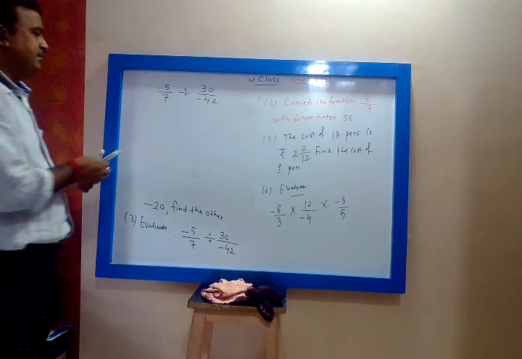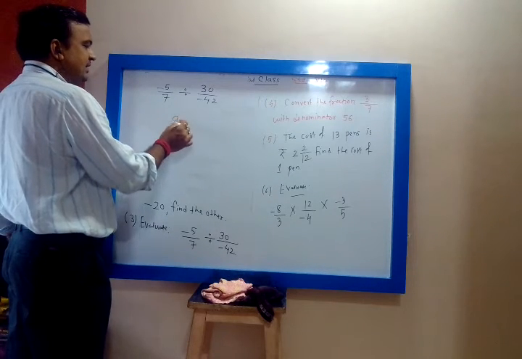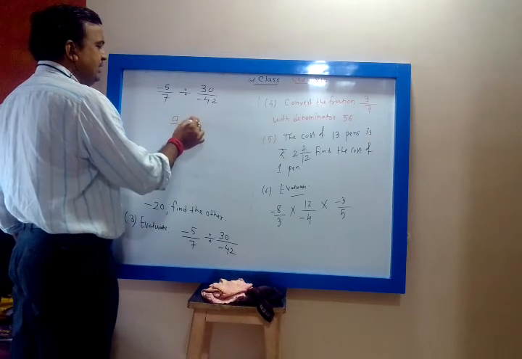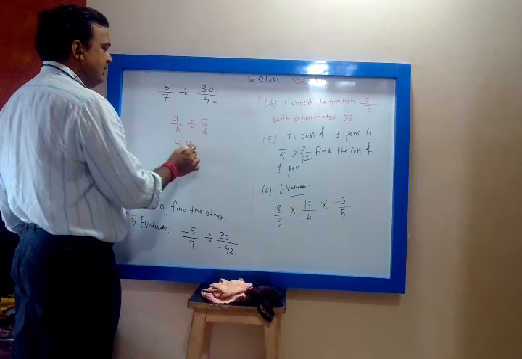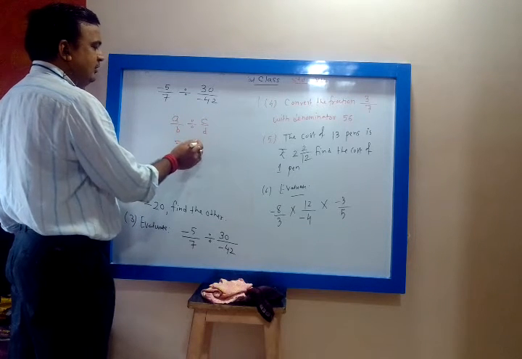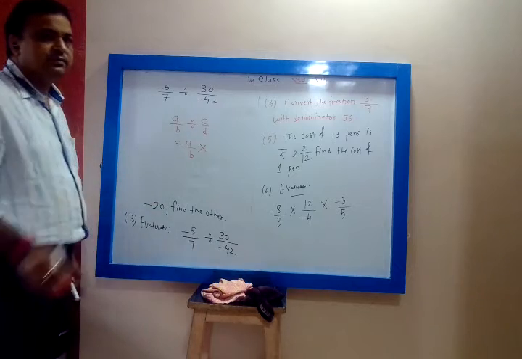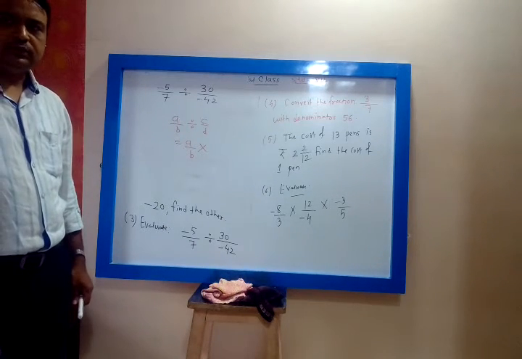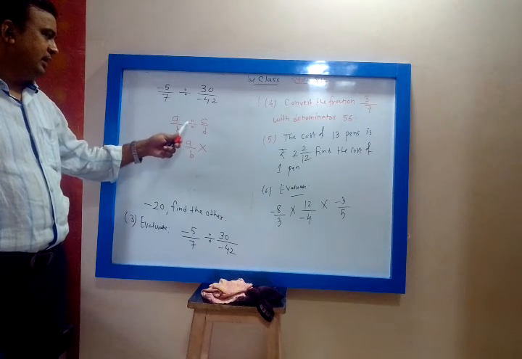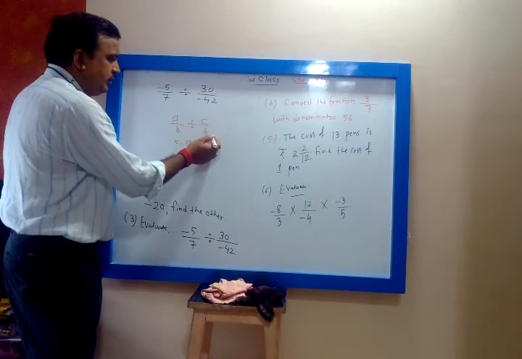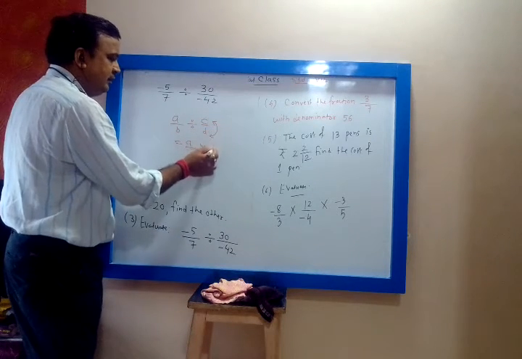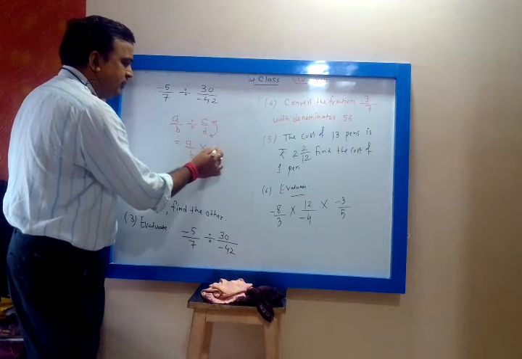We have seen A by B divided by C by D. When I convert division into multiplication, then what we do? We take the reciprocal of the second. C by D I will write D upon C.